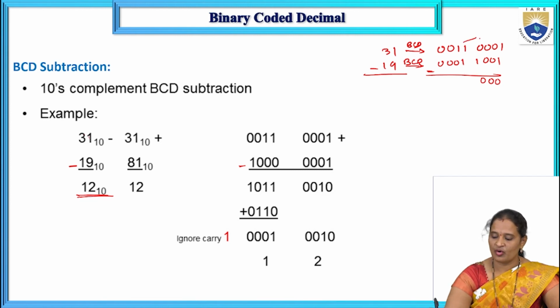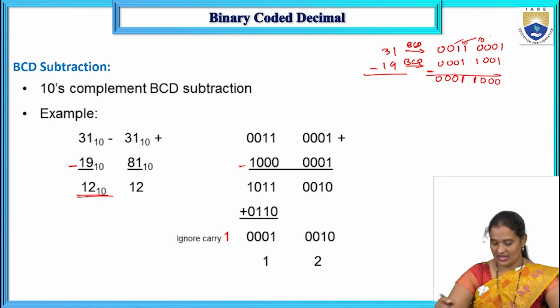No. We need to take a borrow from the next group. If I take the borrow, then it becomes 1. As it has given this 1, it is 0 now. Again 0 minus 1 is not possible, so I am taking a borrow from this. 2 minus 1 is 1. And 0 minus 0 is 0, 0, 0.